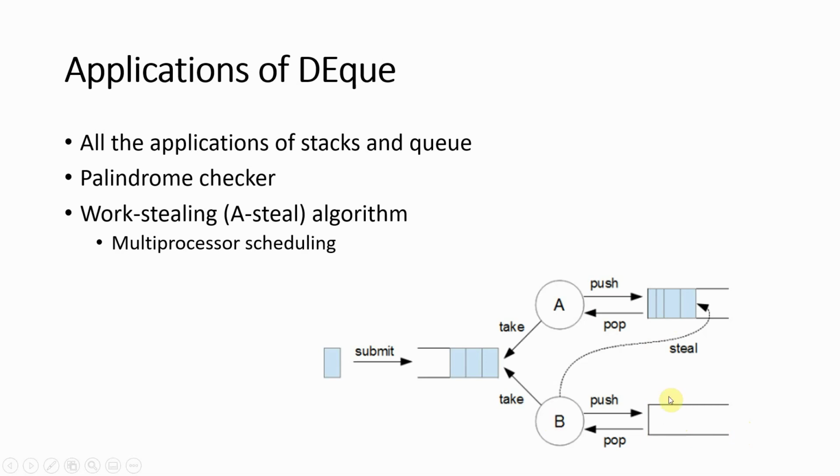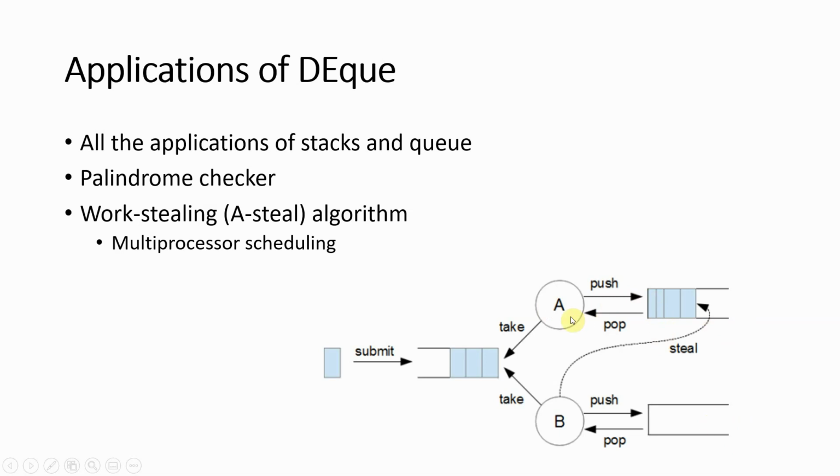So this processor would steal one task from the rear of the other processor and process that to save time, right? Because it already finished whatever it had to finish. And the same story can be applied to the other processor.